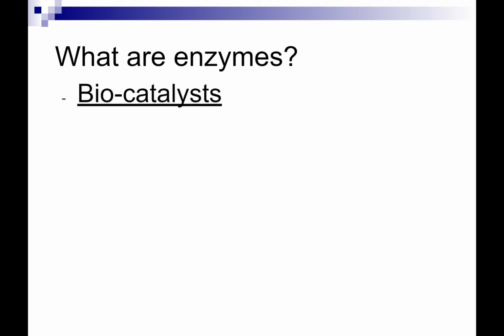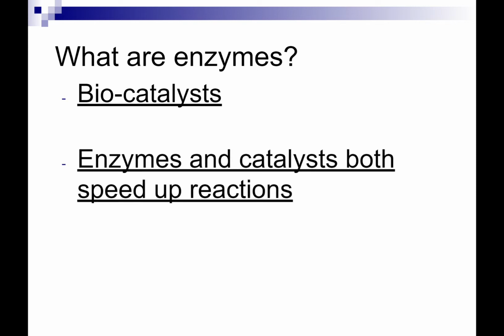Now say the word catalysts. All a catalyst is they're basically things that speed up reactions. And an enzyme is just a catalyst we naturally produce. In all honesty, for this lesson, you just need to know enzymes and catalyst mean the same thing, because you will see that word catalyst, and you just need to know that means a reaction was sped up.